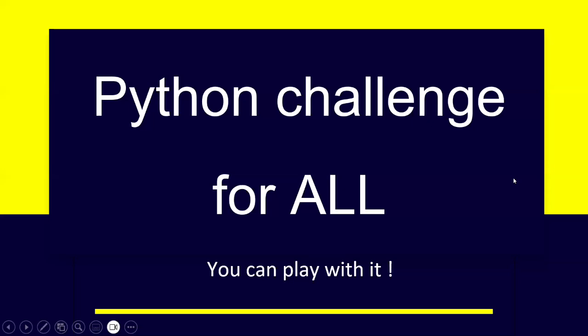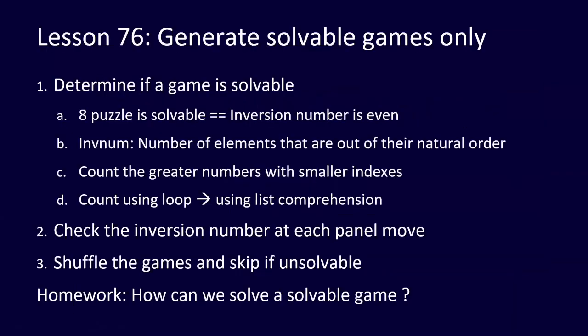So today, as I promised, I will tell you the hints for solving games. Last time, in lesson 76, we generated solvable games only. We found the way to determine if a game board position is solvable or not.